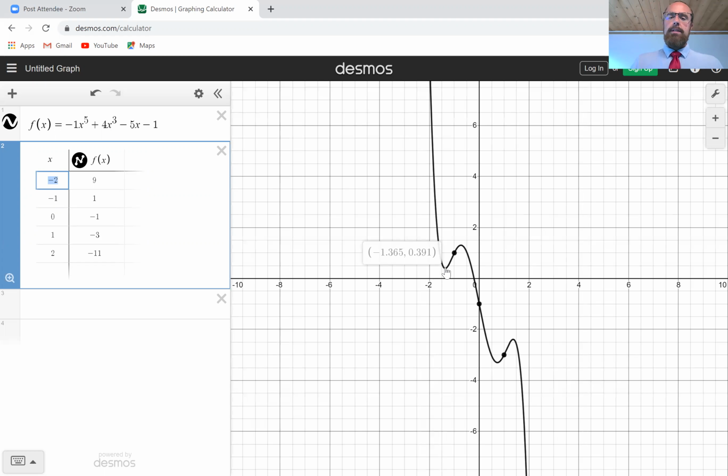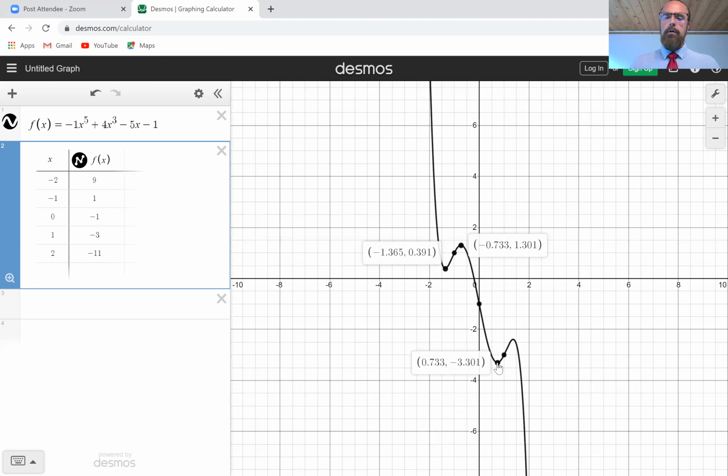So the first one I see here on the left is -1.37, 0.39. So I need to add that to my table. Also, to the right of it, there's a peak, -0.73, 1.30. And then I've got two others that I need on this right side down in quadrant 4.